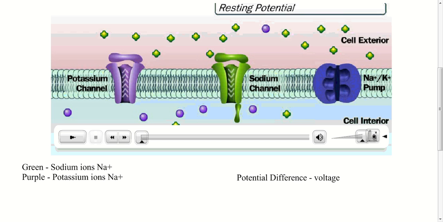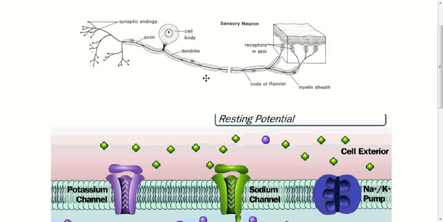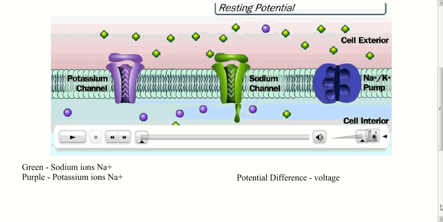So what we have here at the beginning, before the nerve impulse arrives at this section of the axon, so remember we're just dealing with one area here, is that this nerve is at rest. As you can see, in the resting state we have lots and lots of sodium ions on the outside of the cell. We have many more potassium ions on the inside of the cell.